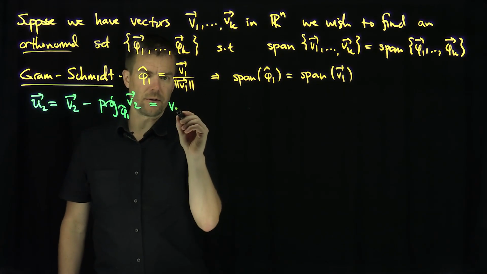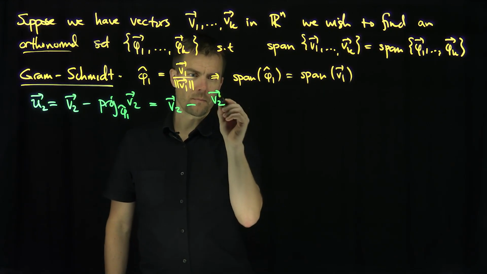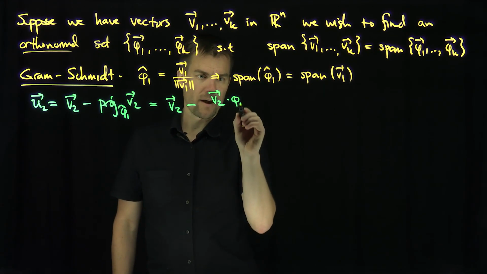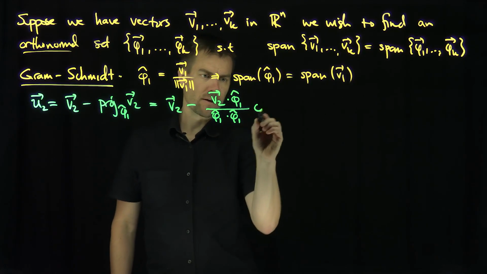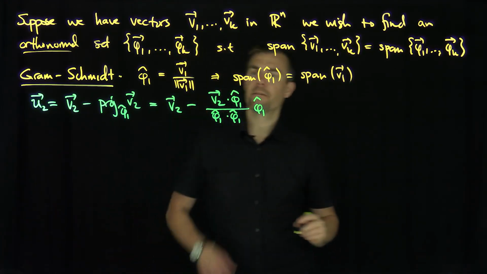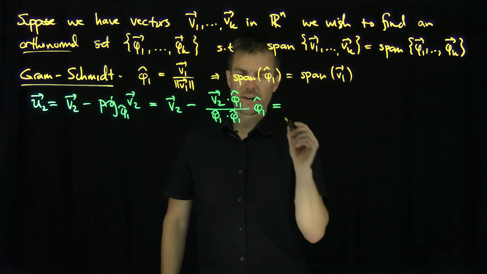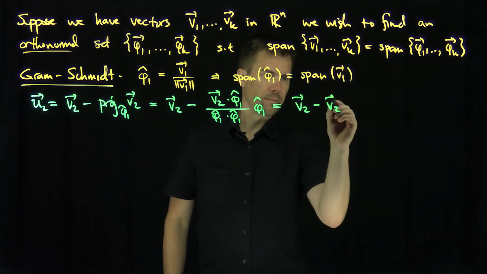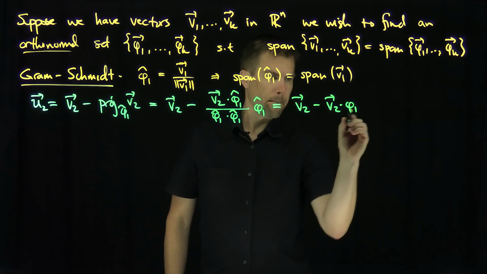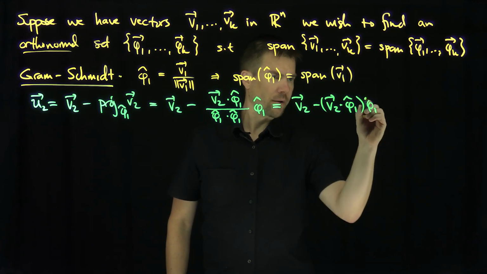This is going to be v2 minus v2 dot phi 1 hat over phi 1 hat dot phi 1 hat, times phi 1 hat, right? Now phi 1 is a unit vector, so this denominator is equal to 1. So this is exactly equal to v2 minus v2 dot phi 1 hat, phi 1 hat.